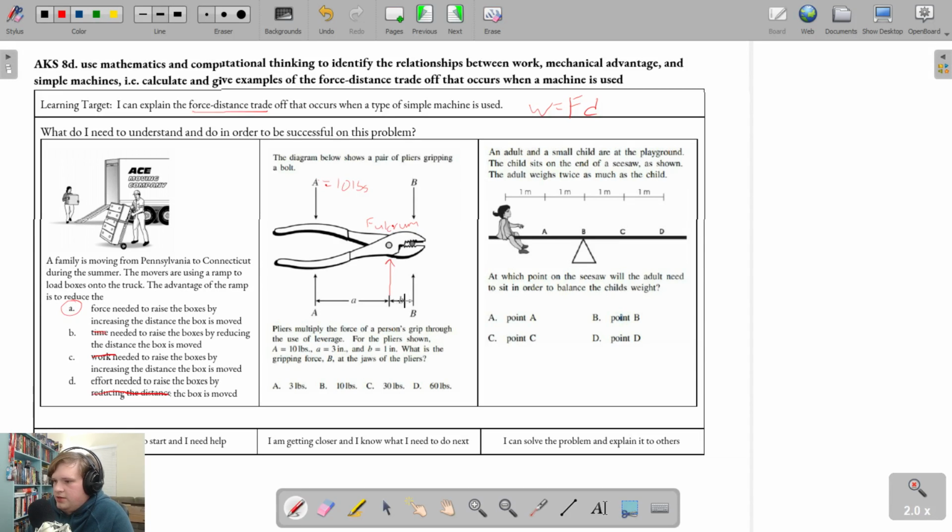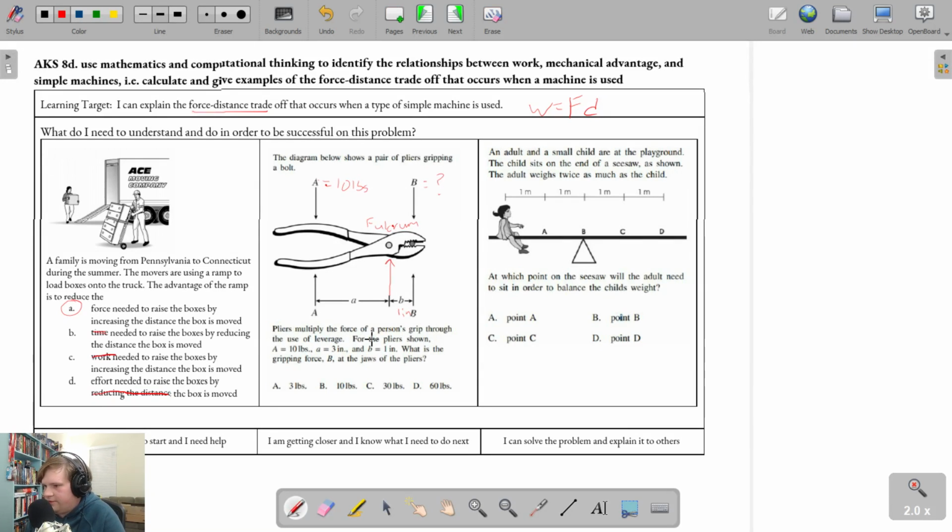B is equal to 1 inch. What is the gripping force, or what is B? We're looking for B at the jaws of the pliers. So we have to calculate the mechanical advantage to then find the gripping force of the pliers.